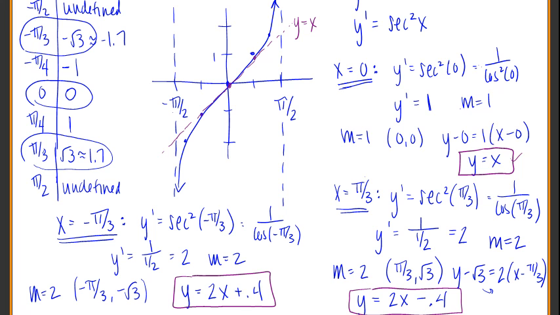And if we go to the next two, they both have a slope of 2. One's got a y-intercept at basically negative 1/2, and one's got a y-intercept of positive 1/2. Okay, so at pi over 3, let's go down to a y-intercept of negative 1/2. Maybe right about there.